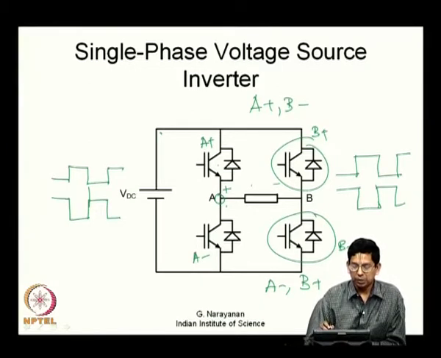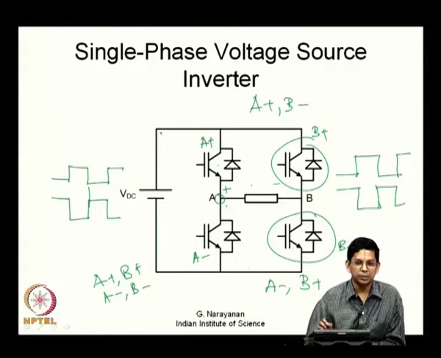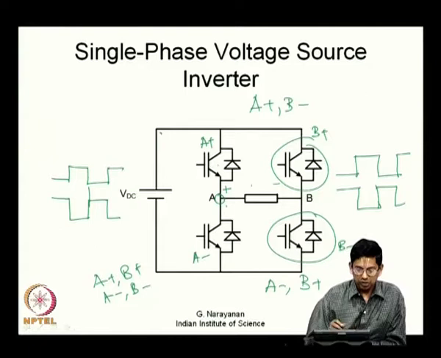Whenever A plus and B plus are on, or A minus and B minus are on, the load is simply shorted. What happens is a kind of freewheeling, just the stored energy in the load continues to flow through that. There is no transfer of power between the DC source and load during that interval of time. So, this is how you look at it.